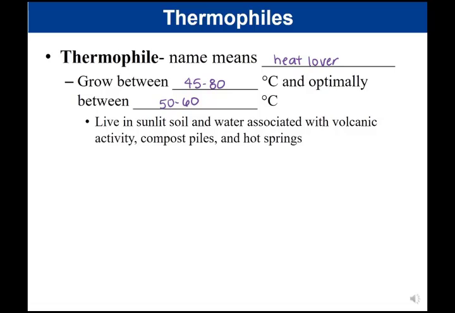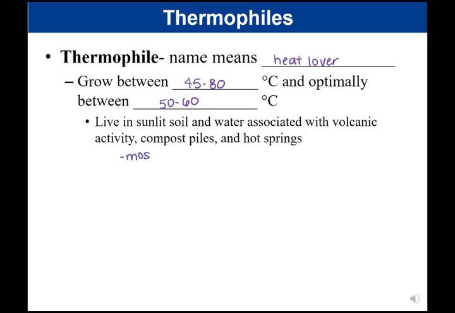These live in sunlit soil and water that's associated with volcanic activity, compost piles, hot springs, and other places that are directly in contact with the sun because they like these higher temperatures.